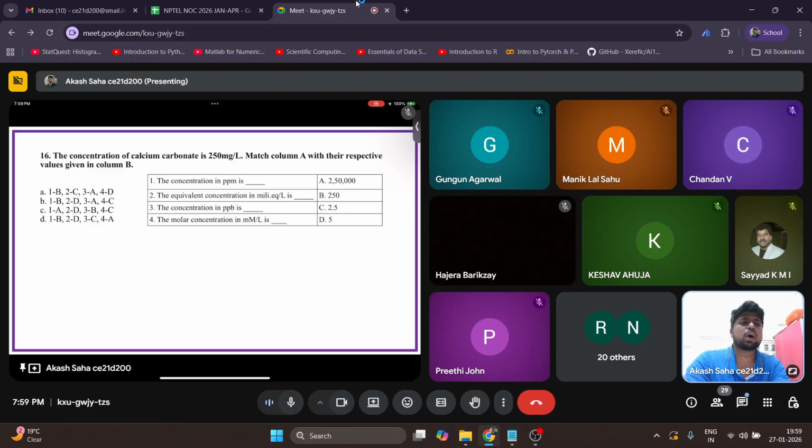Now you have to know how to convert into various units. So unit conversion. Please try it out. Take out your pens and papers and let me know the correct answer.